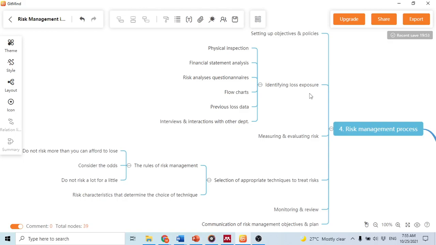To identify all potential losses, the risk manager needs a checklist of all the losses that could occur to any organization. Having a checklist is one of the easiest methods for identifying risk and loss exposure.